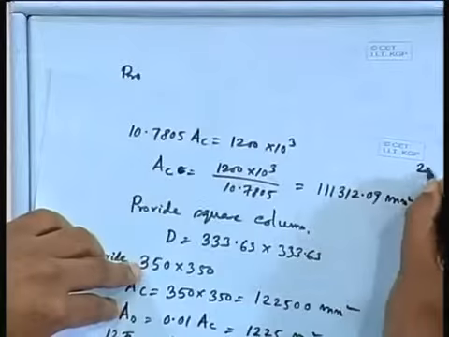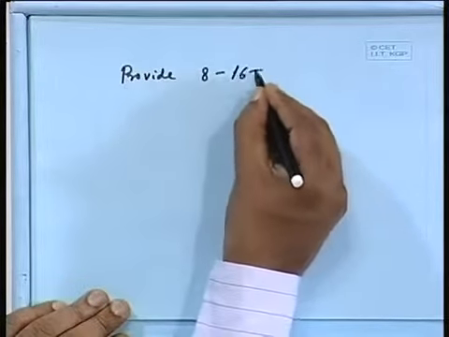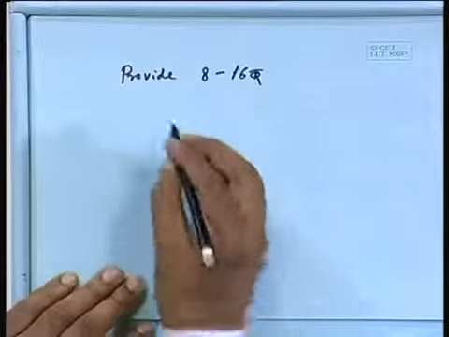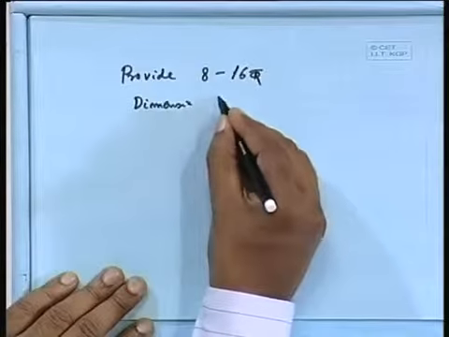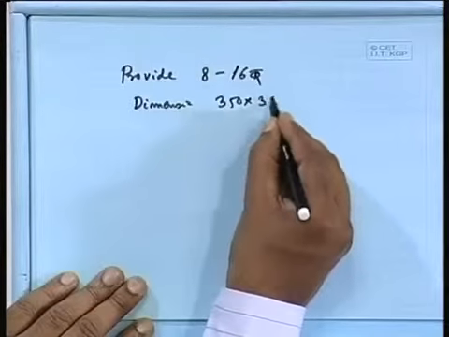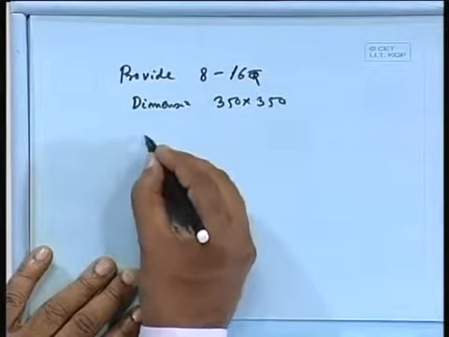Let us provide 8 bars of 16 torr, dimension 350 by 350.